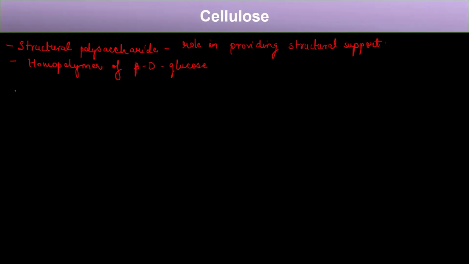What linkage is present in cellulose? The linkage present in cellulose is the beta 1,4 glycosidic linkage.